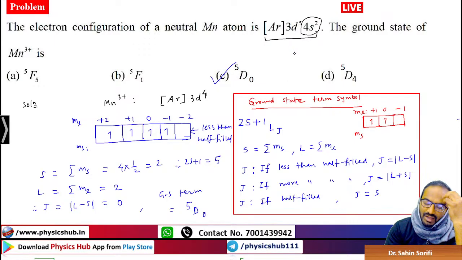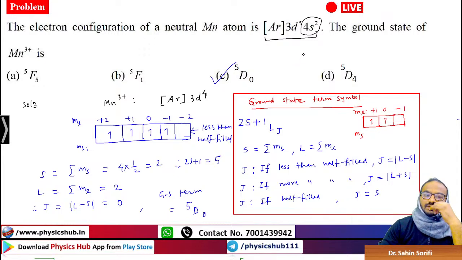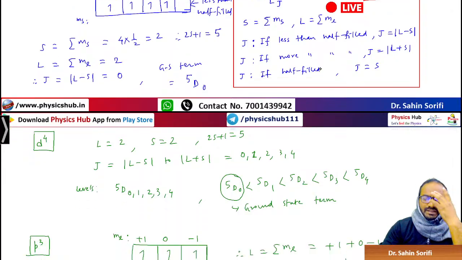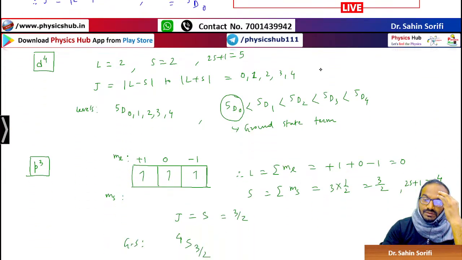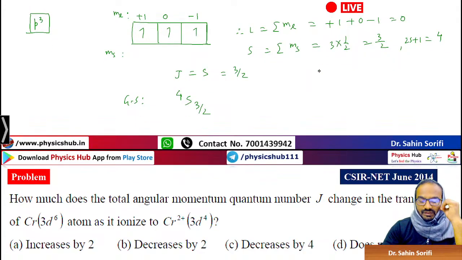I will share those rules. I think it is there in quantum mechanics or somewhere else. Depending on the values of n and L, the energies are decided. Based on that, we remove 2 electrons from 4s first, then we go for d electrons. If I get that, I will share it in the group. I have to look for it.